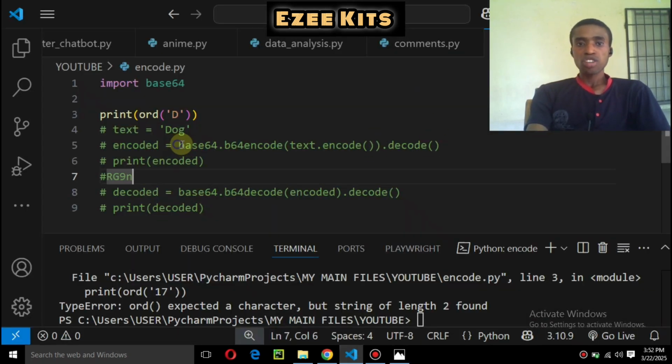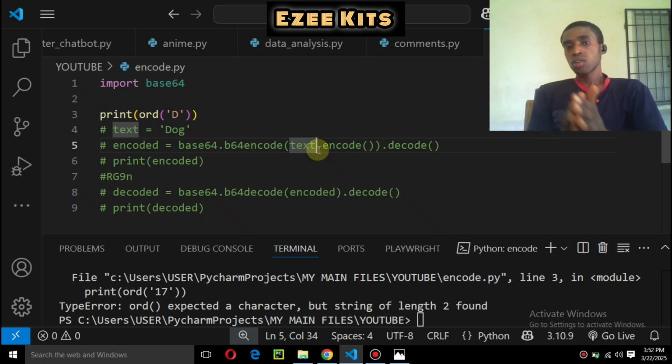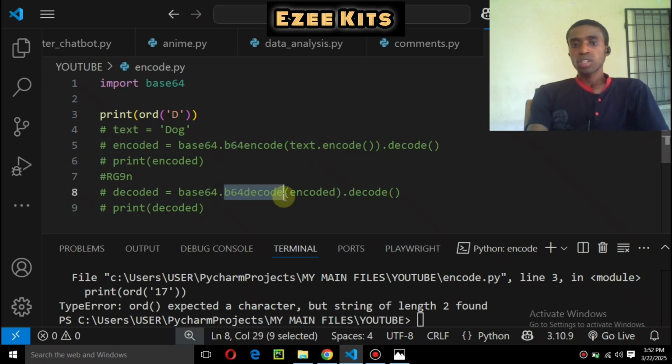The work of base64 was to encode to base64 format, and this was to decode it back.